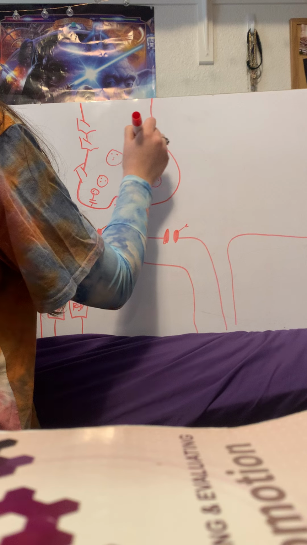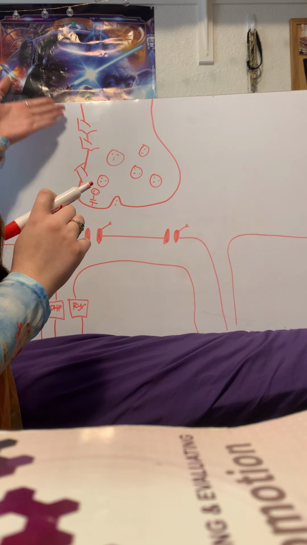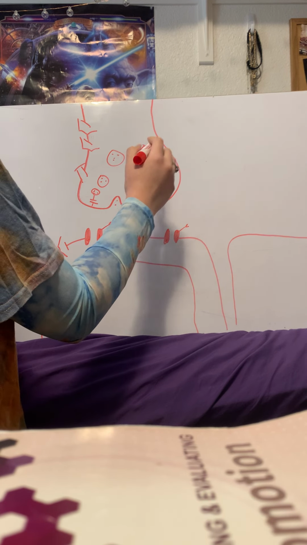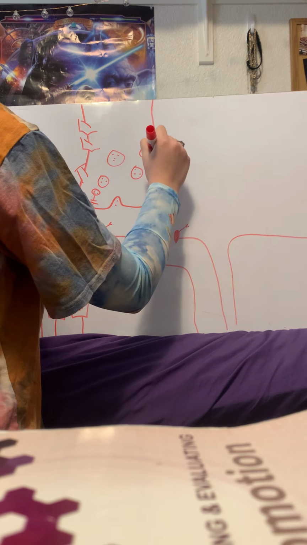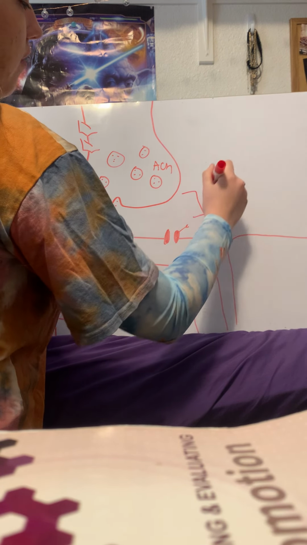Alrighty, so this is the neuron, and on the neuron are some channels that we'll go over later on. Inside the neuron are vesicles filled with the neurotransmitter acetylcholine, and this is the axon terminal. This space right here is called the synaptic cleft.